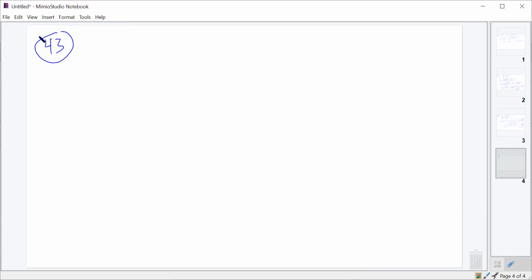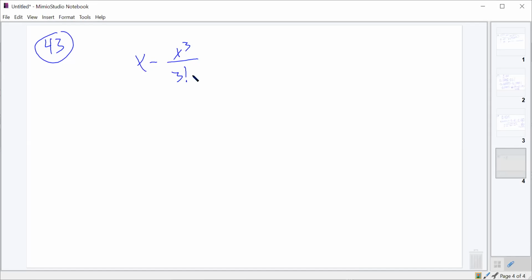All right, so 43 says that if we are using x minus x cubed over 3 factorial to approximate the sine of x, then we want to know how much we are off by. Well, the formula for sine of x, we know that it oscillates, right?